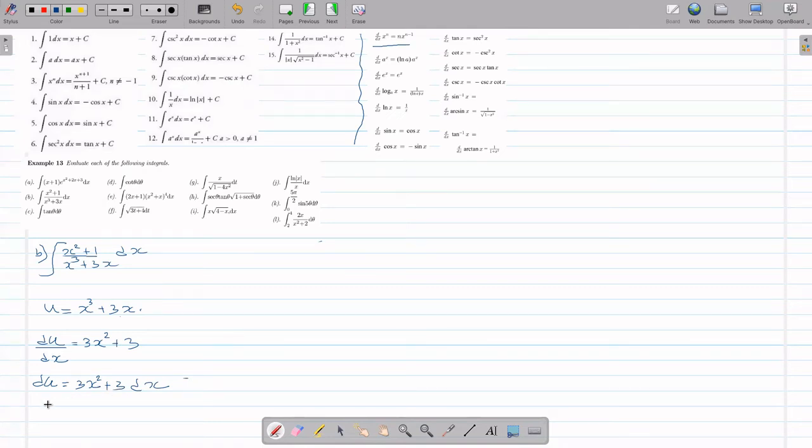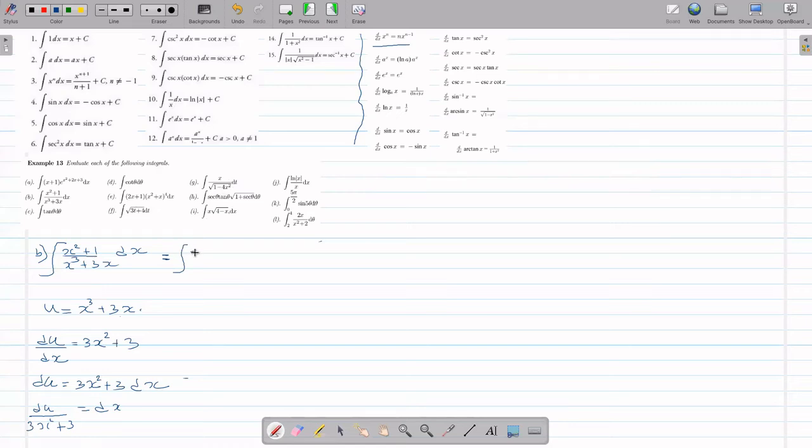Okay, then I take this to this side: du over 3x squared plus 3 equals dx. Okay. Now I go here and plug it in.